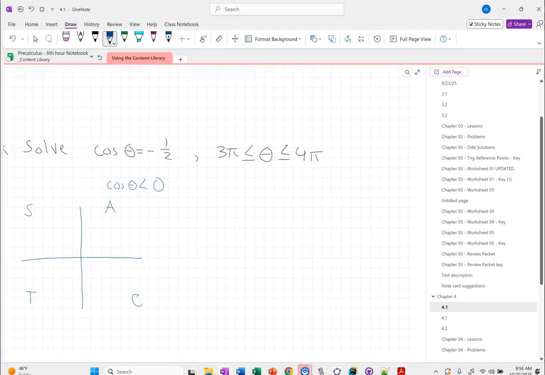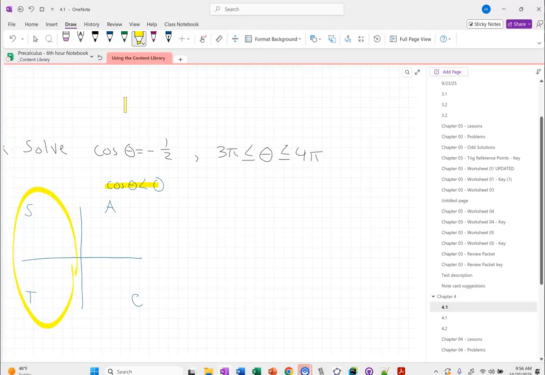The S and T, right? Because in A, all cosine is positive, and in C, cosine is positive. So I'm looking at quadrants 2 and 3. Everybody feel good how I got that? Just using my all silly turtles crawl. Remember we learned that before and I warned you we're going to need it again. This is us needing it again.